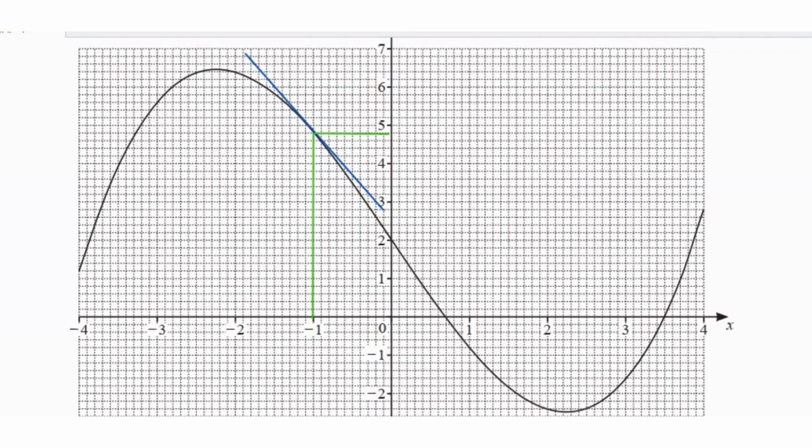One point I'm going to choose is negative 1 and 4.8. Another point we can take on the tangent is, I can pick this point.